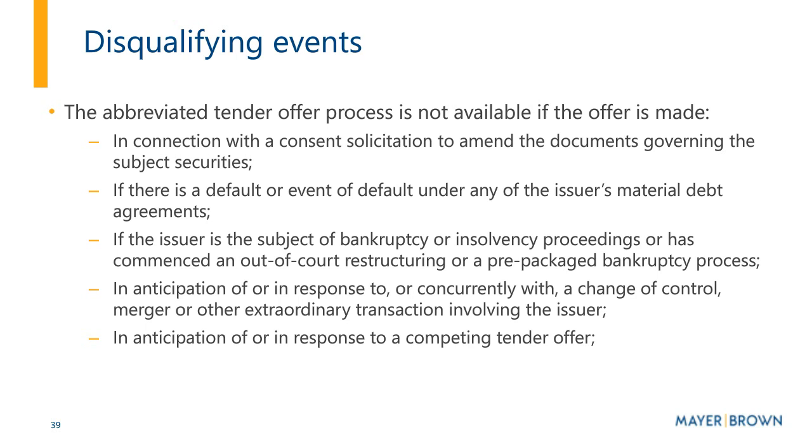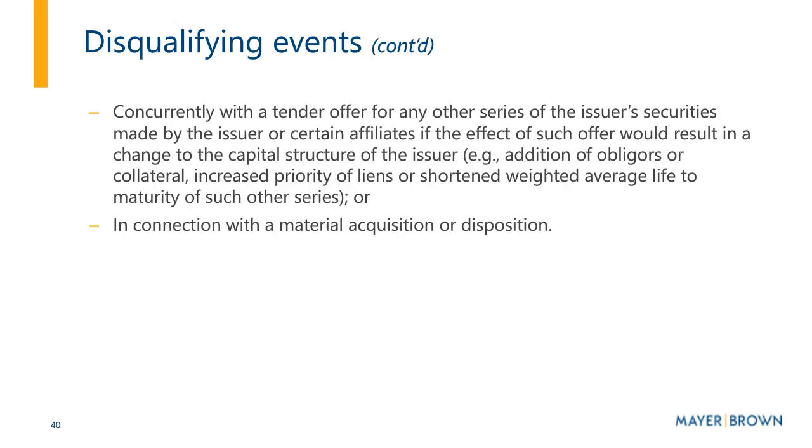So, for example, this can't be used in the context of where you're soliciting an exit consent. So if you're trying to amend the provisions of an indenture and get out from under indenture provisions, you can't use this. Similarly, if you're the subject of bankruptcy or you've commenced an out-of-court restructuring or contemplating something similar, this is not going to be available to you.